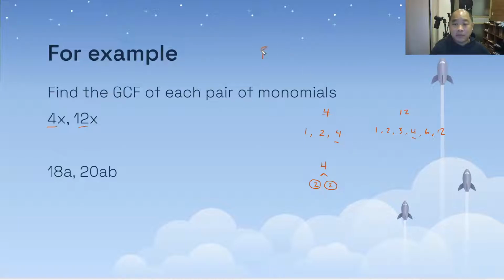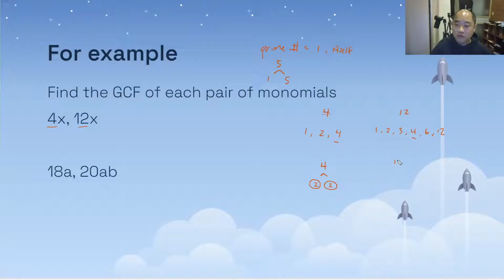A prime number is a number where the only factors are 1 and itself. So, for example, the number 5 is prime. So the only factors of 5 are 1 and 5.